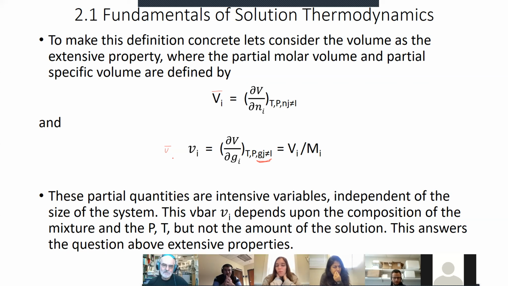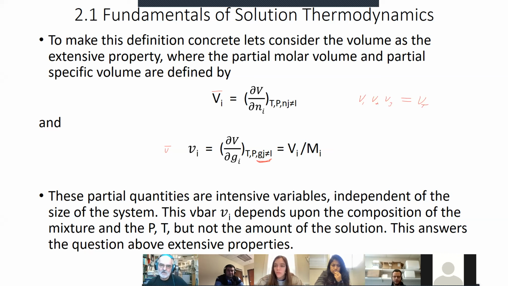But the advantage of this is the question that I asked a little while ago: if you made a mixture of certain things, what would the volume be at the end? Volumes added up do not necessarily give you the sum of the total volume.